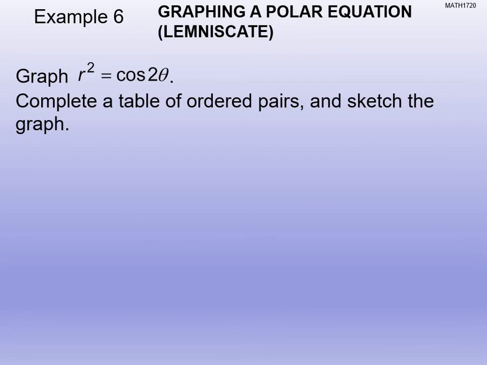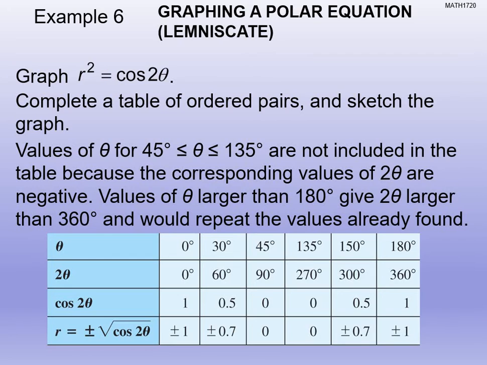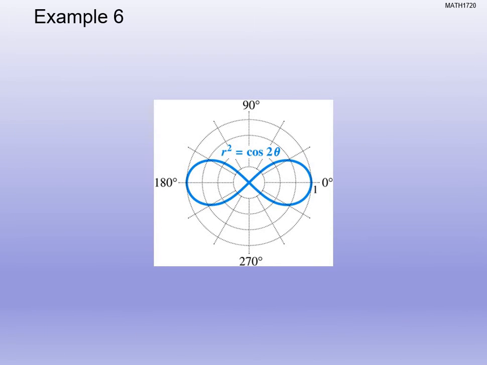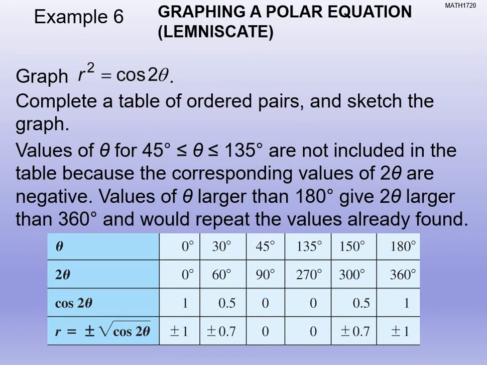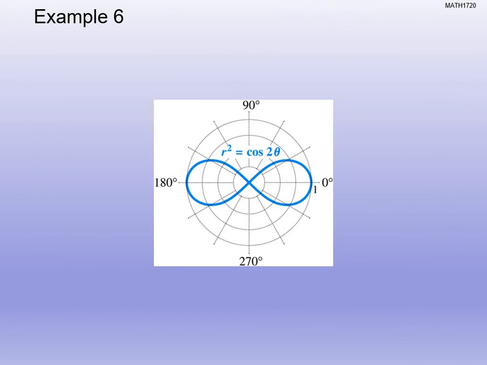You can come up with a complete table of test points, or put it into your calculator and make sure you adjust your window so that it fits. This is what we call a lemniscate. A lemniscate is pretty much an infinity symbol.